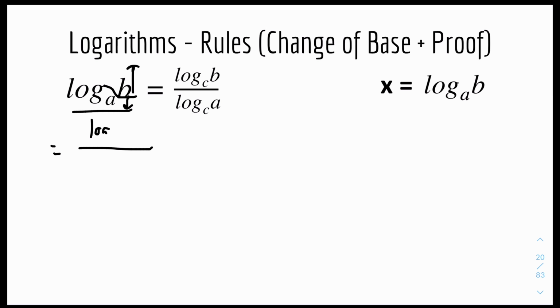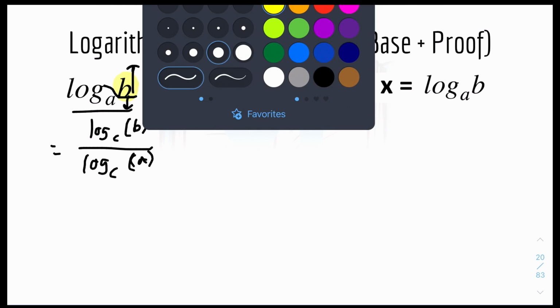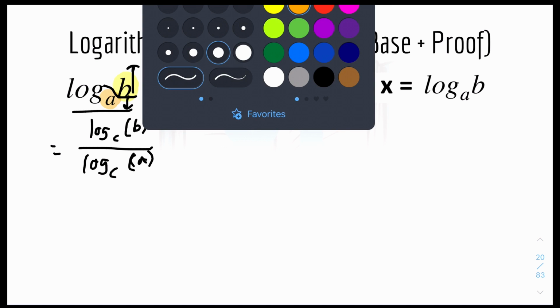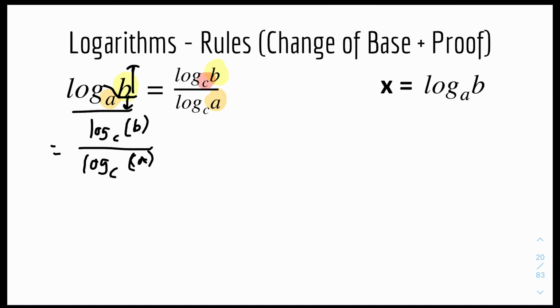So log with new base c, the b will go up, and log a with new base c, the a will go down. So this is how it works. Let's just highlight this. B will go up, and the a will go down, and c is the new base.